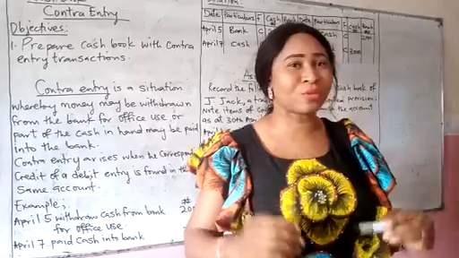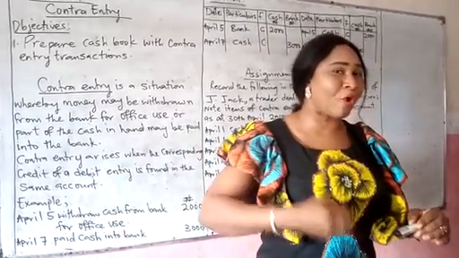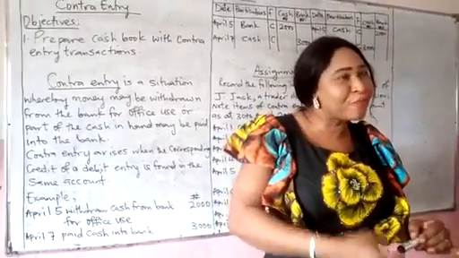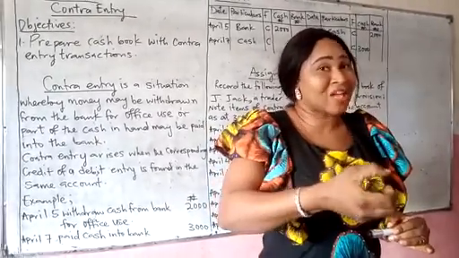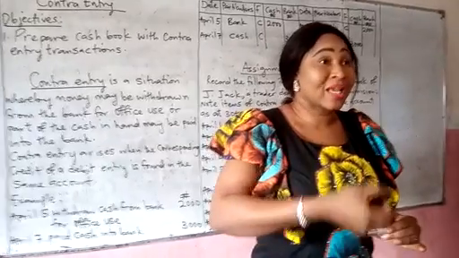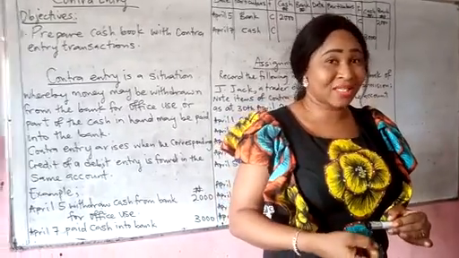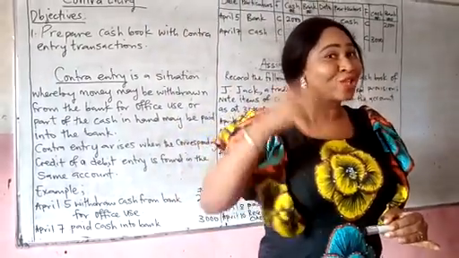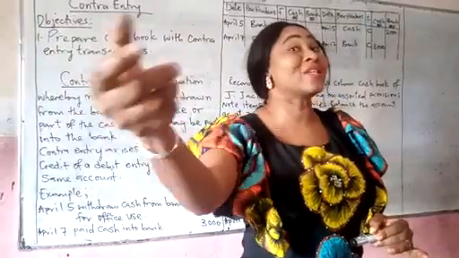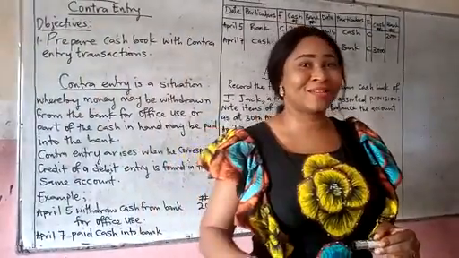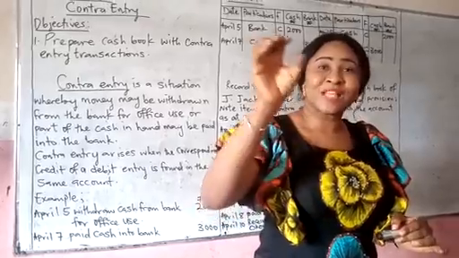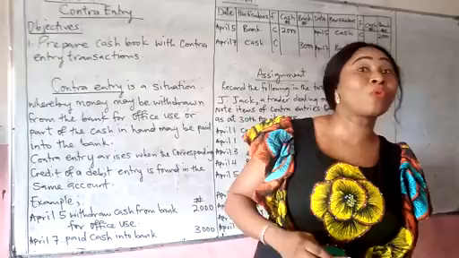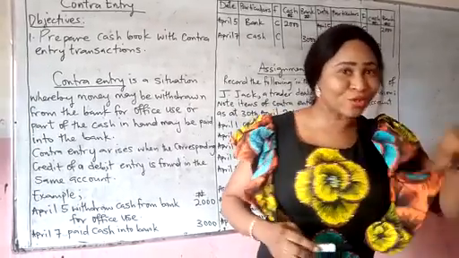So in this situation, when money is taken from the office and deposited into the bank, the business owner removed money from the cash in the office. That is a credit entry, isn't it? And the same money goes into his bank account. The bank received the money, and at the same time, payment was made from the office into the bank.